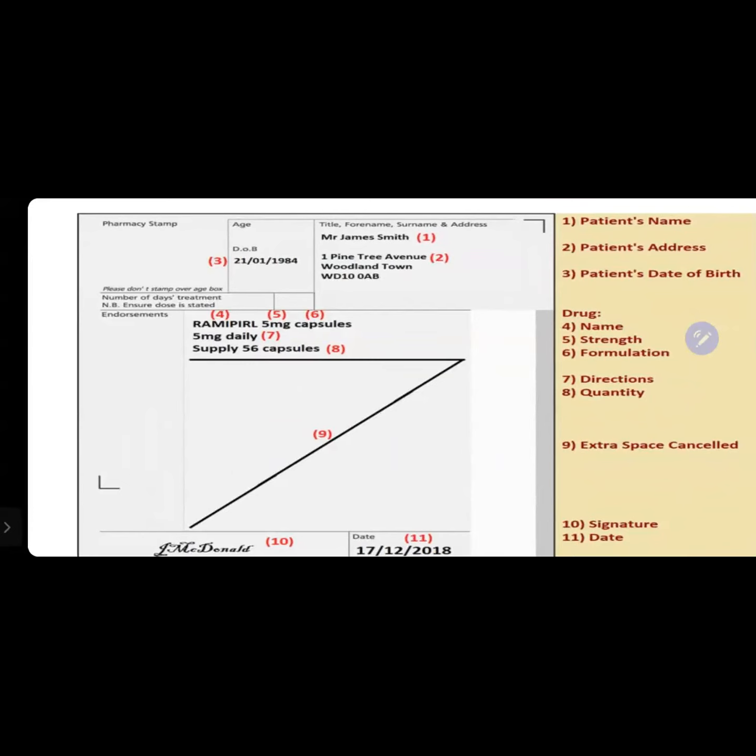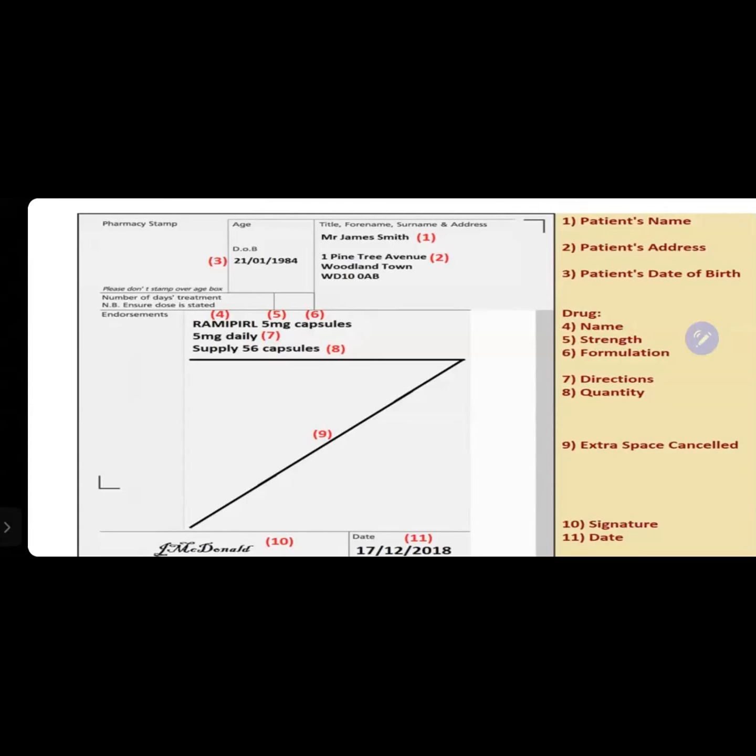Now come to the other side, to the left side, age and date of birth. If your patient is under 12 years of age, or if your patient is more than 60 years of age, you have to write the age in numbers, for example, 9, or for example, 65.